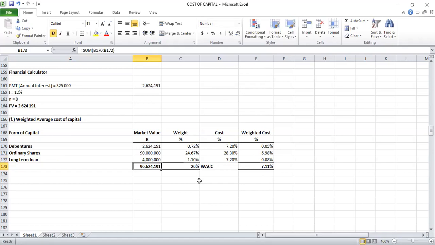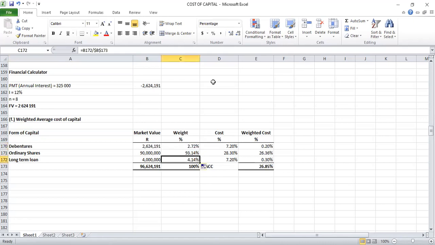Right. Then we find our percentages. What is 2.72?